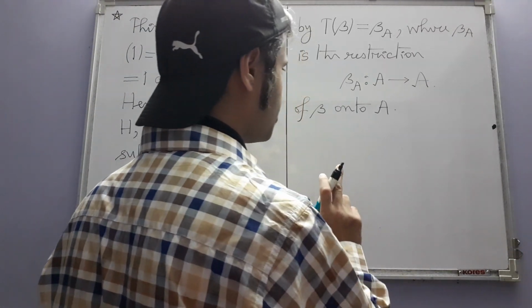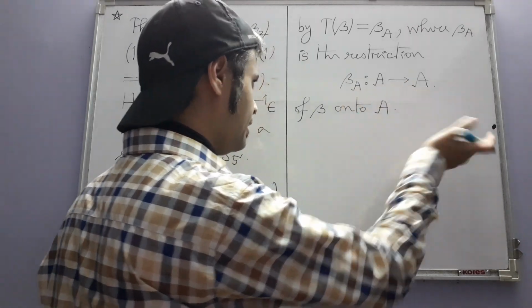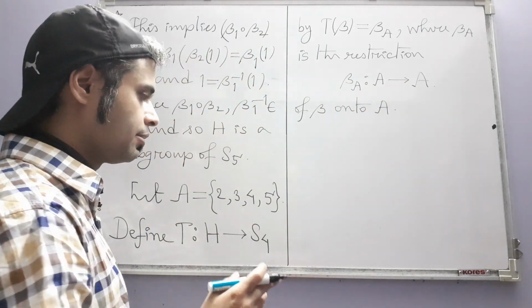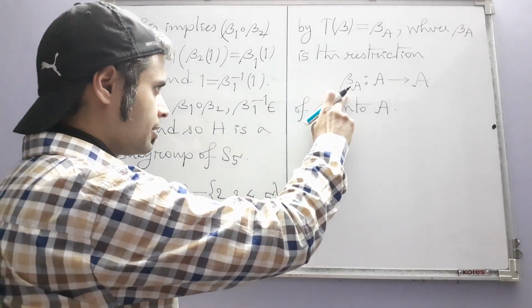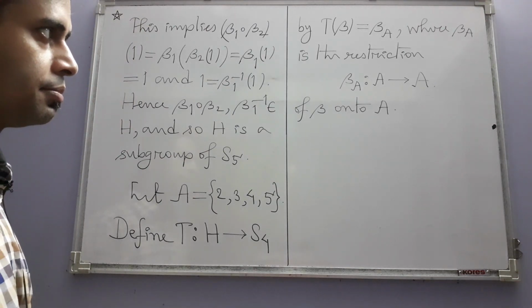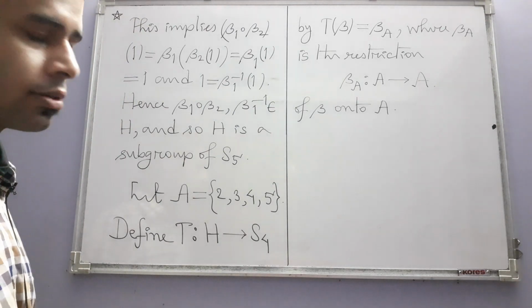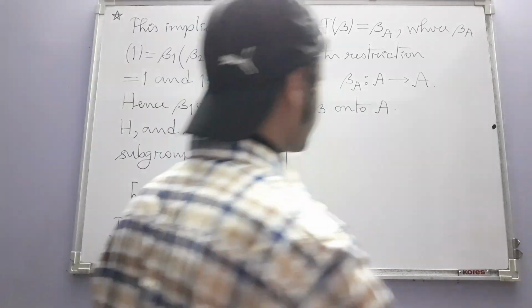So that is the first question. What is the guarantee that beta of A will map A into itself? And then there is another question. Is this really a bijection on the set A? That is the other question, because otherwise it won't belong to S4.